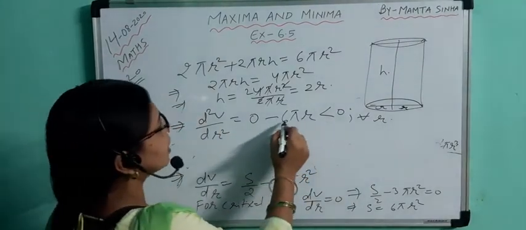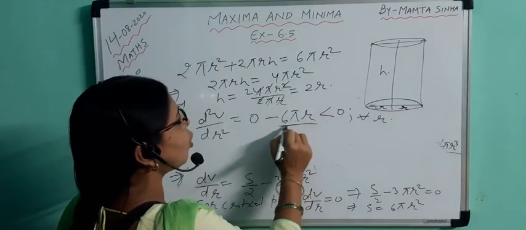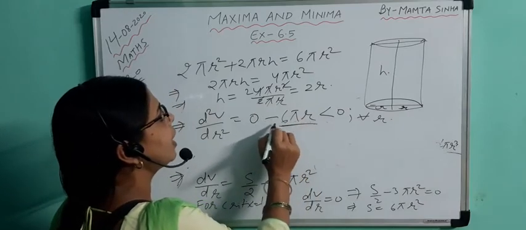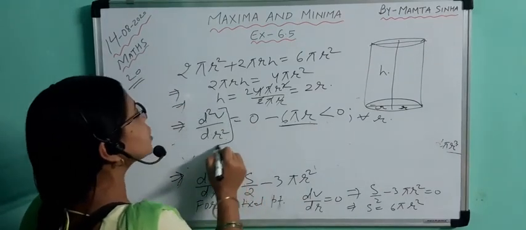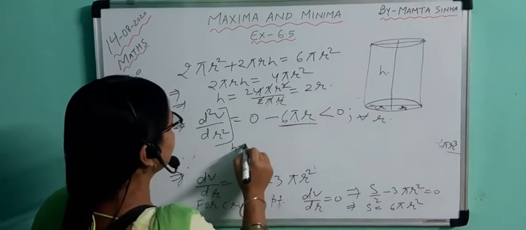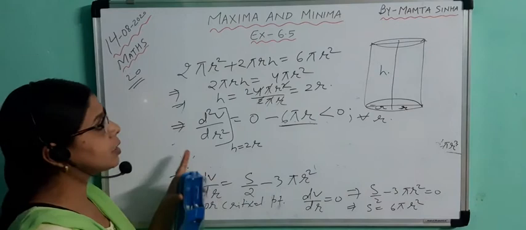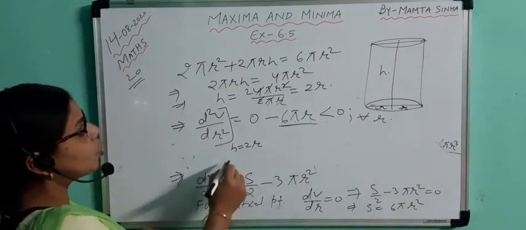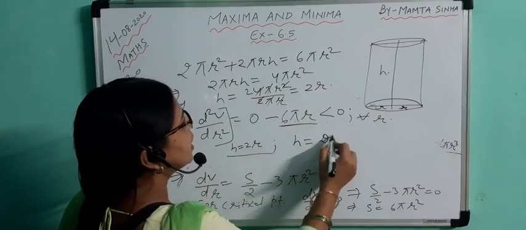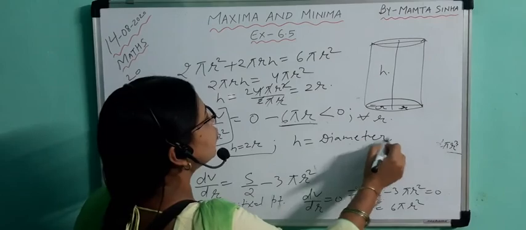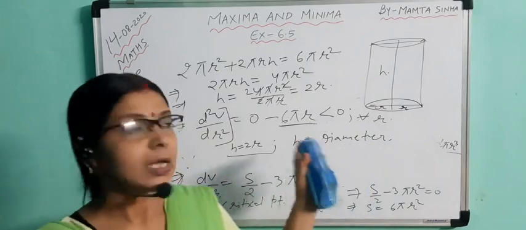Pi is positive, r is positive, 6 is positive, but the negative sign gives a value less than 0. So d2V by dr square at h equal to 2r gives the maximum volume of this right circular cylinder. So we can prove that for maximum volume of this right circular cylinder, the height is equal to the diameter.